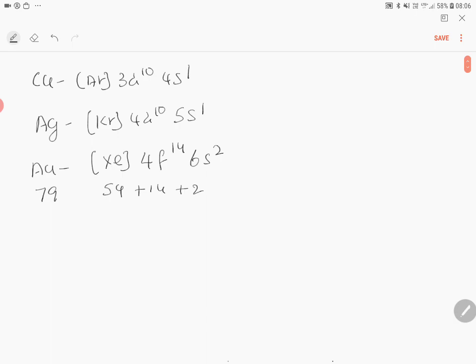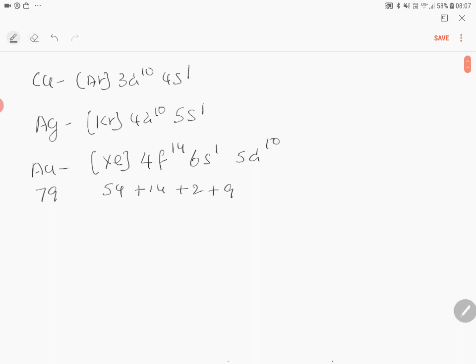So 54 plus 14 plus 2 is equal to 70. Remaining how many electrons are there? 9 electrons. Actually you should get 5d9, but the 5d9 electronic configuration is unstable. Therefore you will get 6s1 5d10.